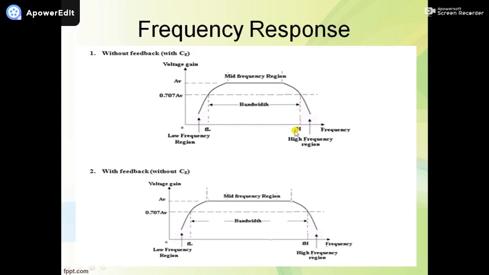And again after this particular frequency level, as the frequency increases, the output voltage or gain decreases. From this graph, our aim is to calculate the voltage gain and bandwidth. Bandwidth is the difference between higher cutoff frequency and lower cutoff frequency. Then after that, the product of gain and bandwidth.